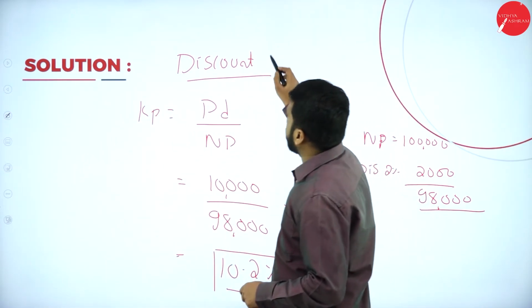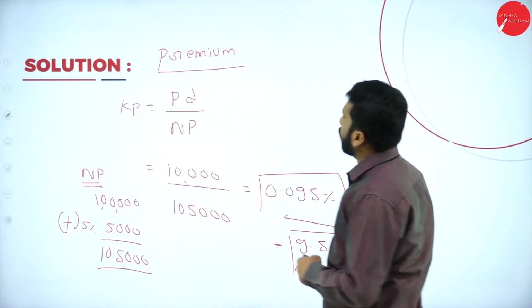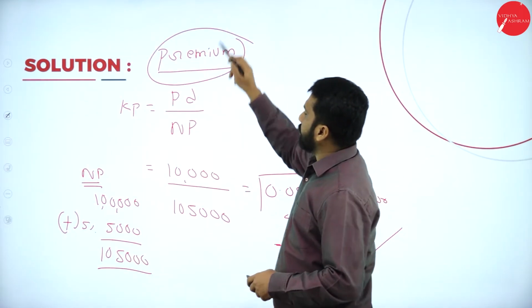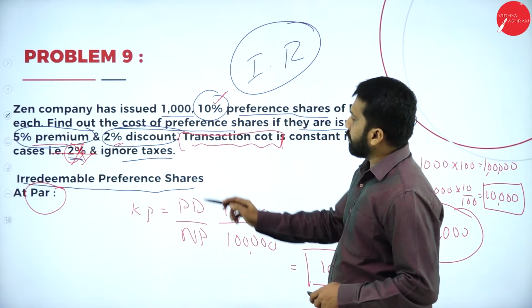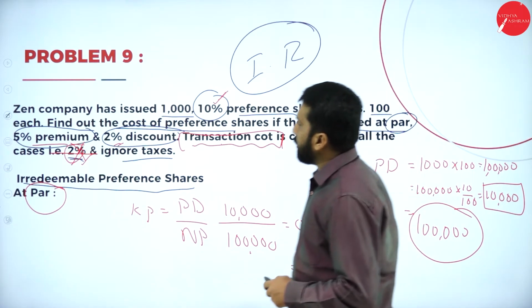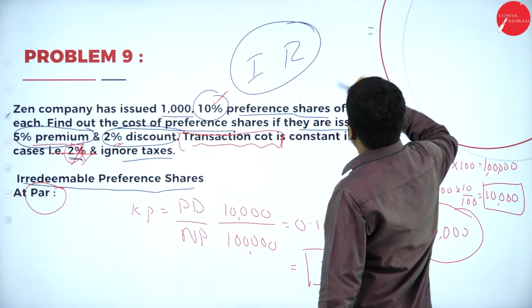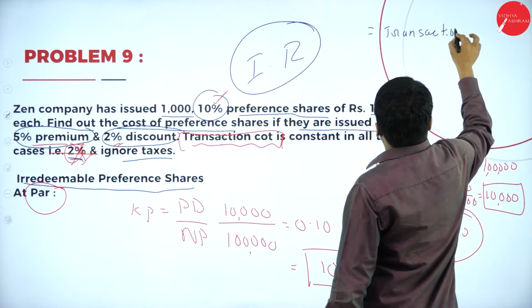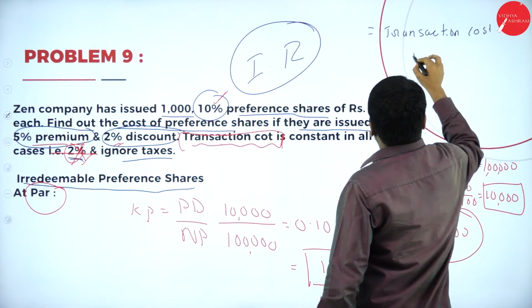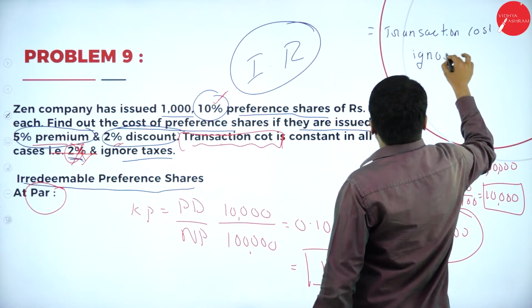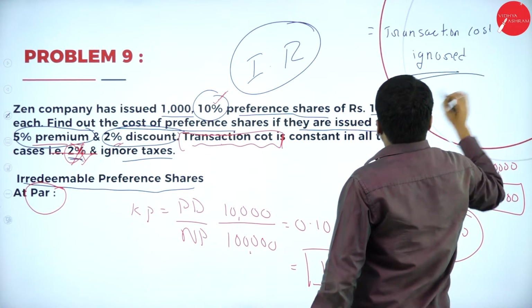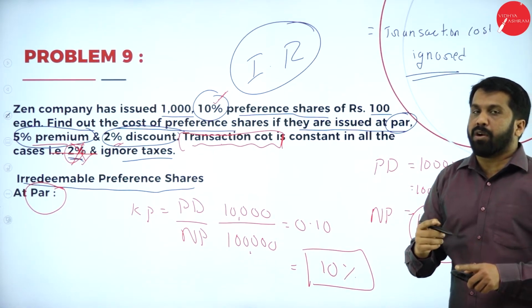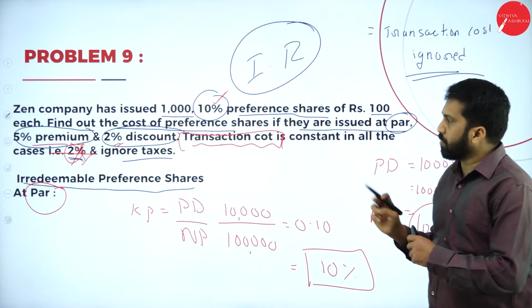This is for discount, this is for premium, and this is for par. Make a note in this: transaction cost ignored. From the next problem, it is compulsory that we do it.